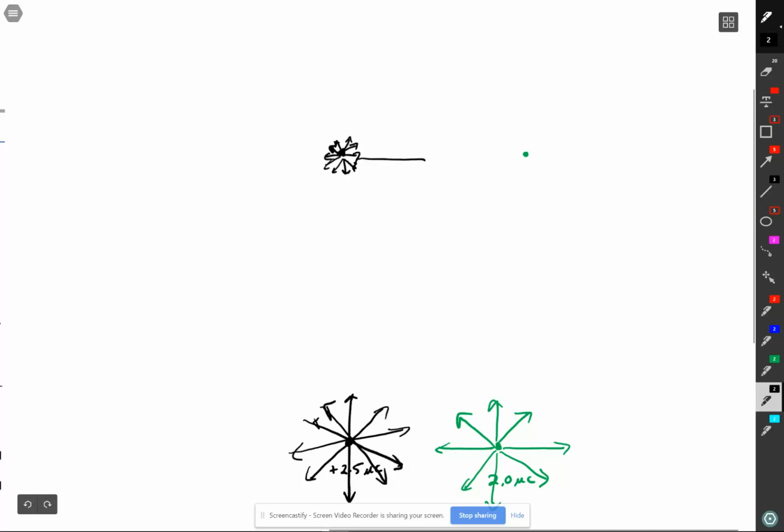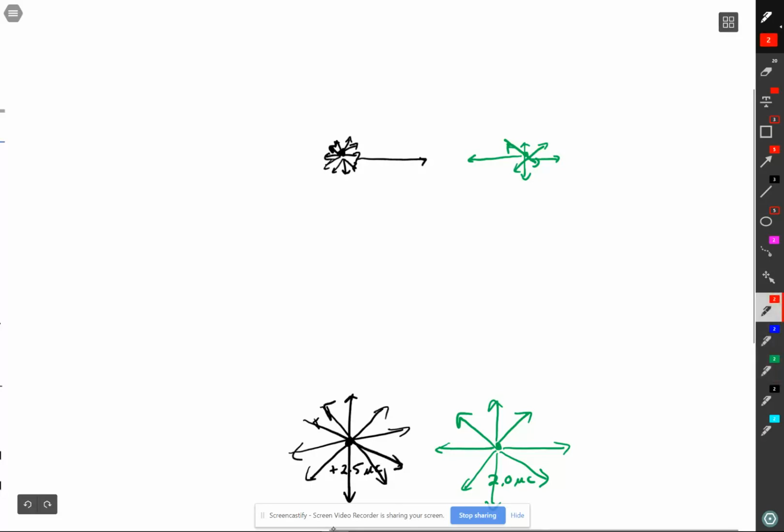And this here is going to come out, and it's going to be met by one coming out from this that's not as strong. And then I have to try to figure out the rest.